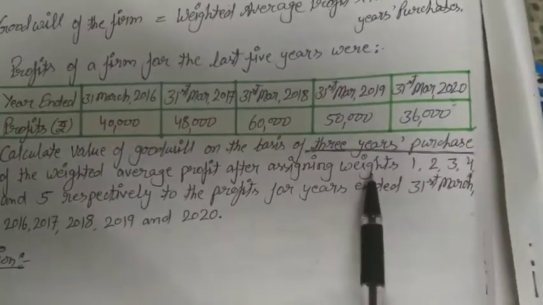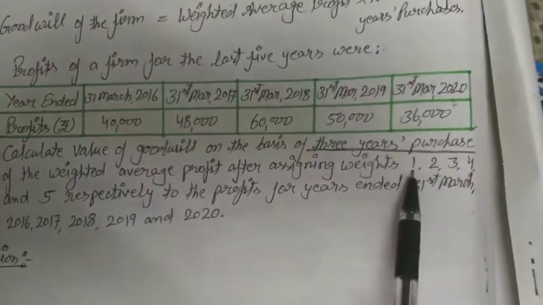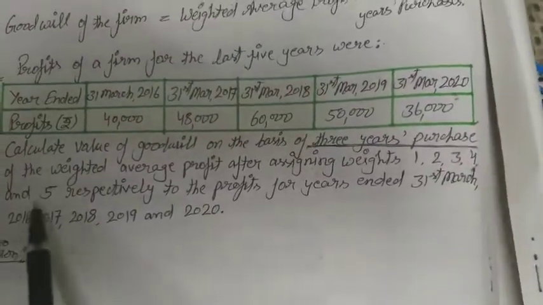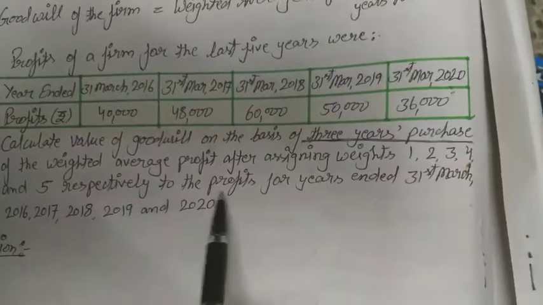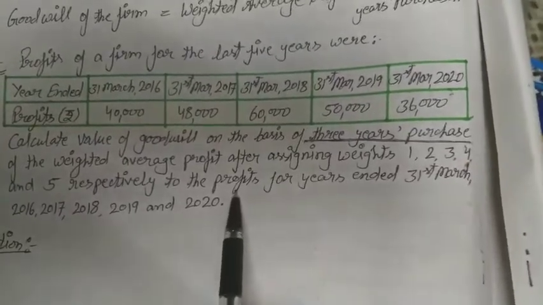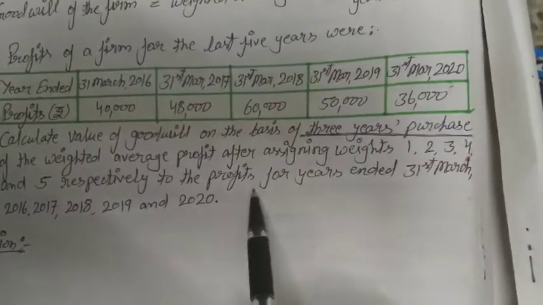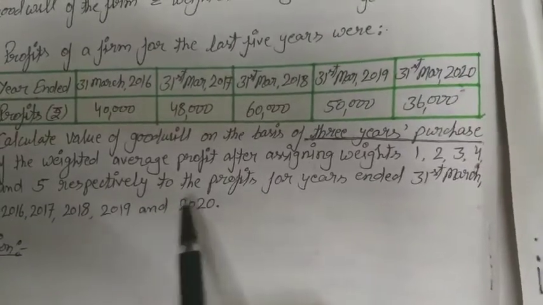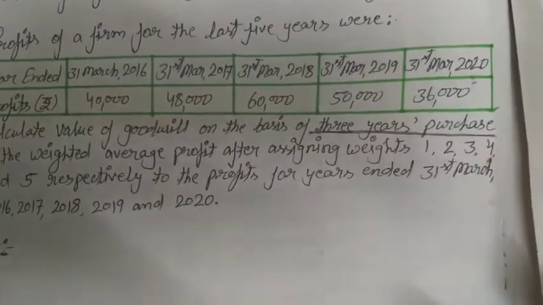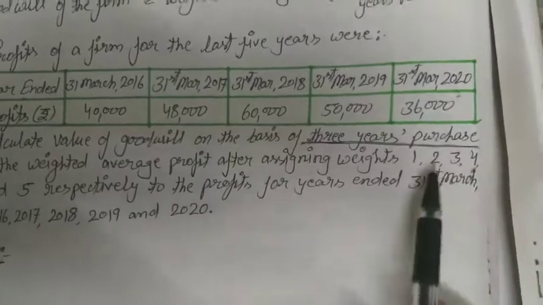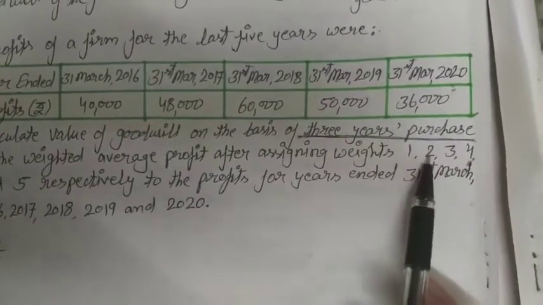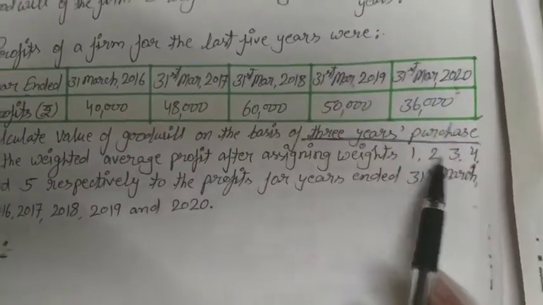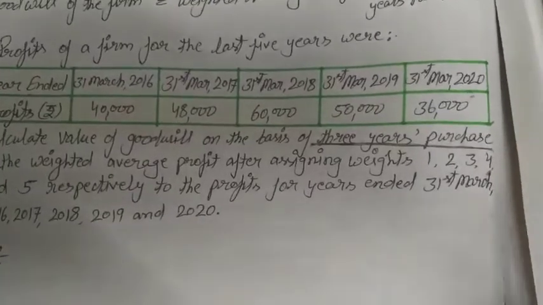After assigning weights 1, 2, 3, 4 and 5 respectively to the profits. Respectively to the profits means whatever the sequence of profits is given for the particular year, according to that, for the first year we will take 1 weightage, for the second year we will take 2, 3, 4 and 5 respectively.